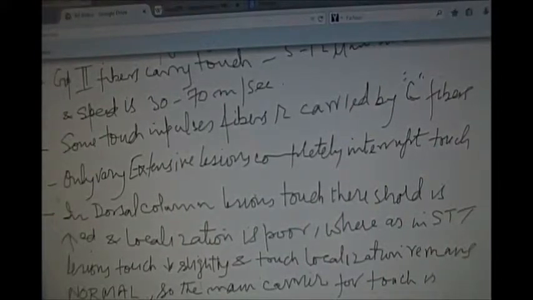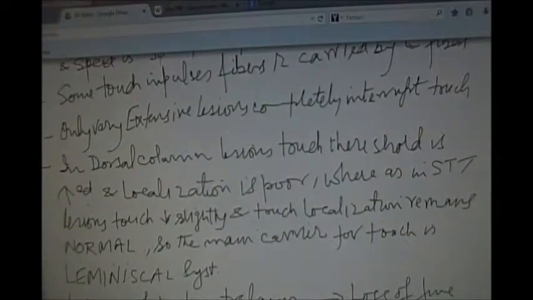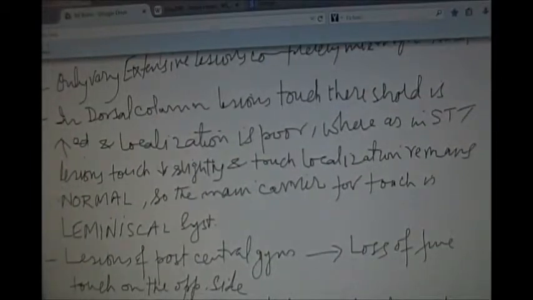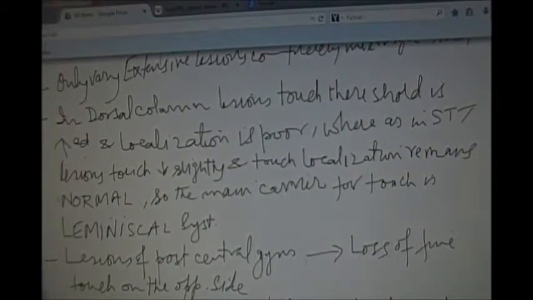So the main carrier for the touch is the lemniscal system, which carries fine touch at a very high speed. The lesions of the post-central gyrus lead to loss of fine touch on the opposite side.